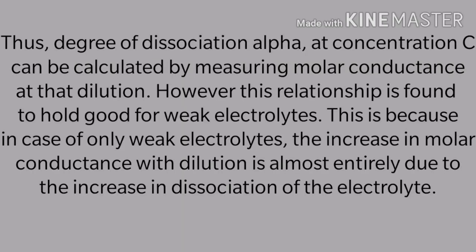Thus, the degree of dissociation alpha at concentration C can be calculated by measuring the molar conductance at that dilution. At a particular concentration, we can calculate lambda m, that is the molar conductance of the solution, represented by lambda c. So at concentration C, alpha can be calculated by measuring the molar conductance at that dilution and the molar conductance at infinite dilution.